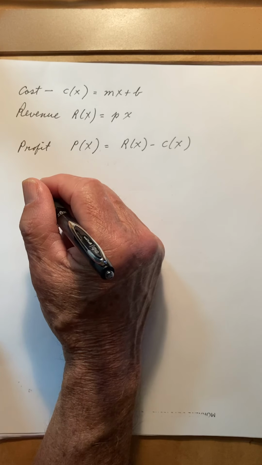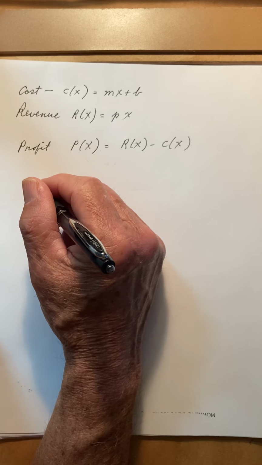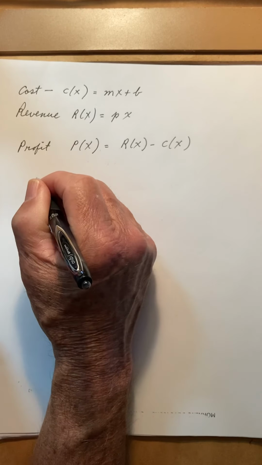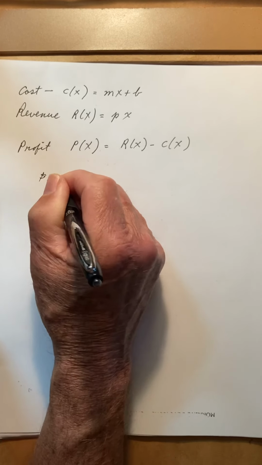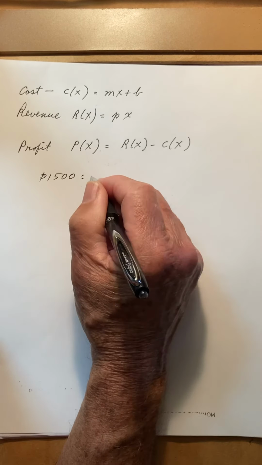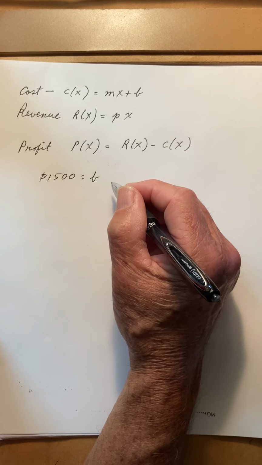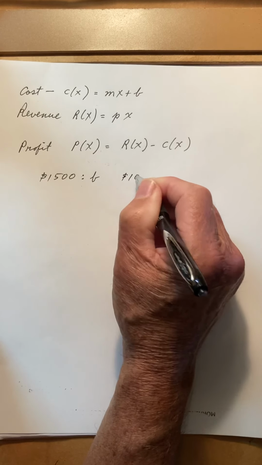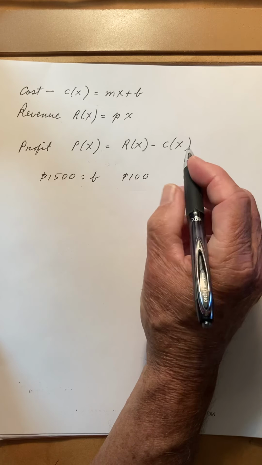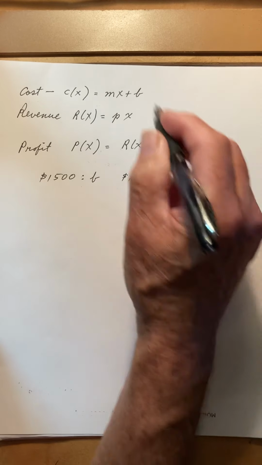So here we have an example where we're going to assume the cost to produce an item is a linear function, and all the items that you produce are actually sold. The fixed costs are $1,500, so that's what we call B in the first equation there. Then we have variable costs, $100. The variable costs were the M in the first equation.